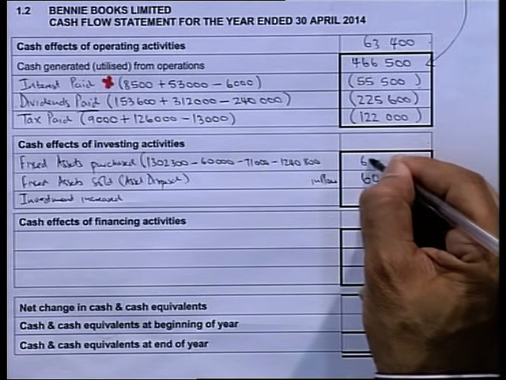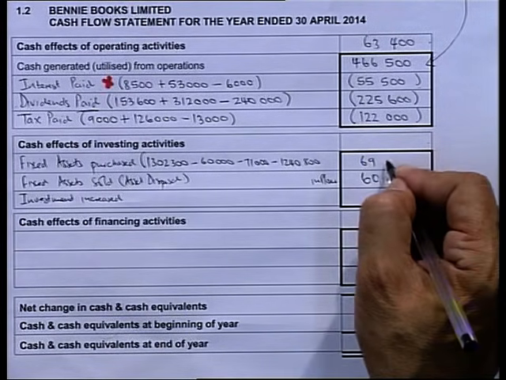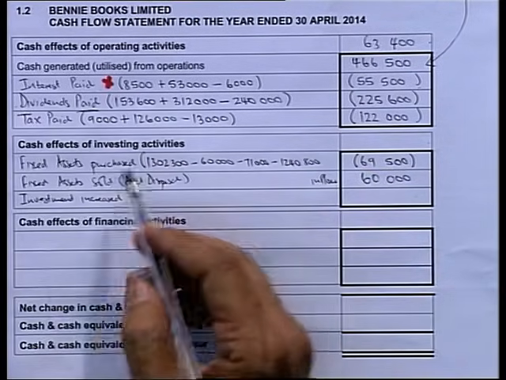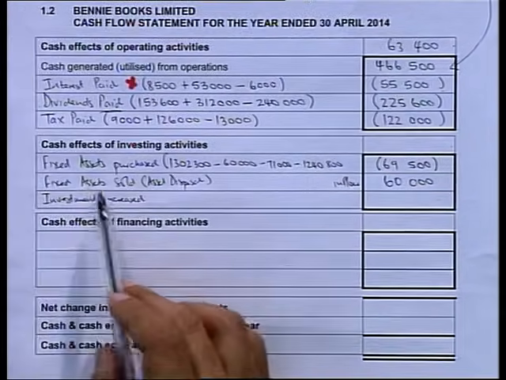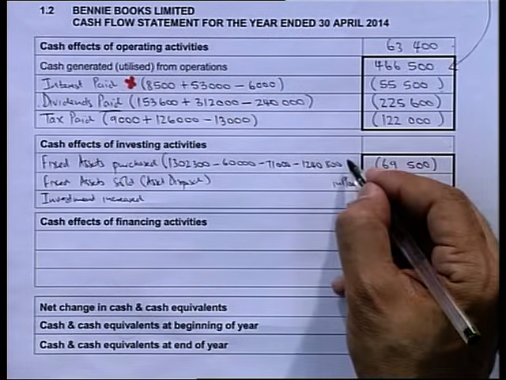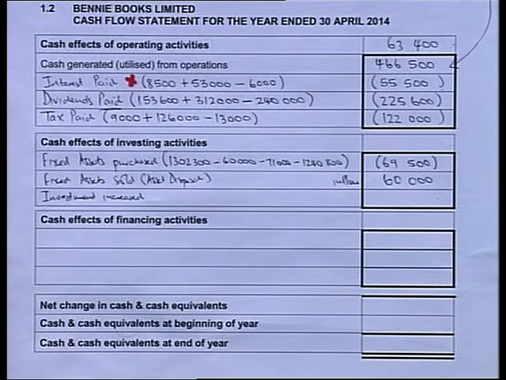Then you'll get 69,500. The 69,500 will go in brackets because when we buy fixed assets, we're spending money, so it will be seen as a cash outflow.